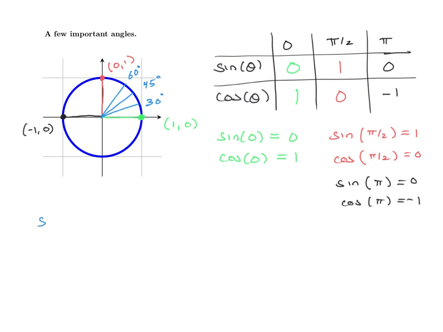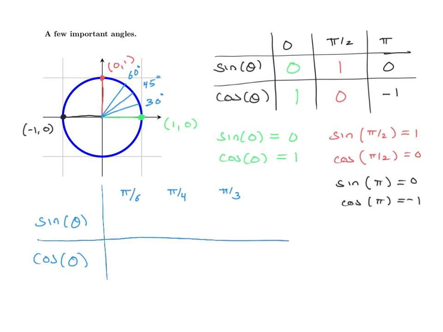That is, what is sine of theta and cosine of theta if we're looking at the angles of 30 degrees, which is pi over 6, 45 degrees, which is pi over 4, and 60 degrees, which is pi over 3. So that's 30, 45, and 60 degrees.